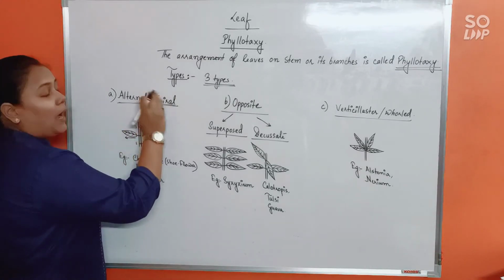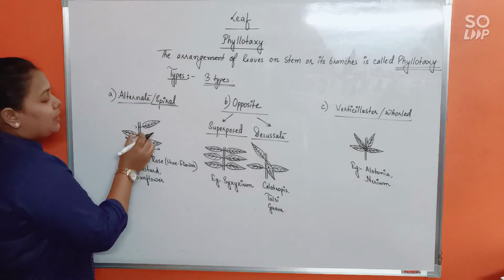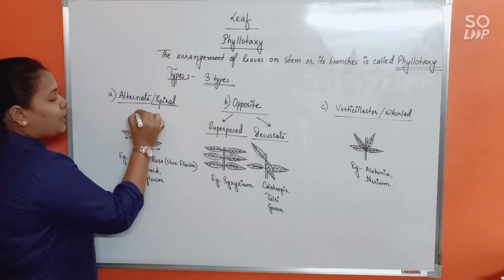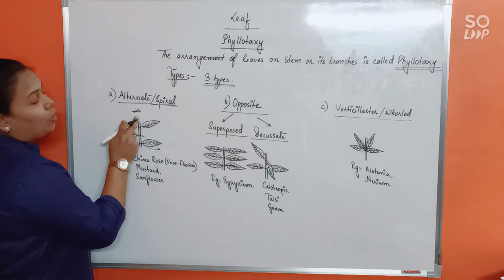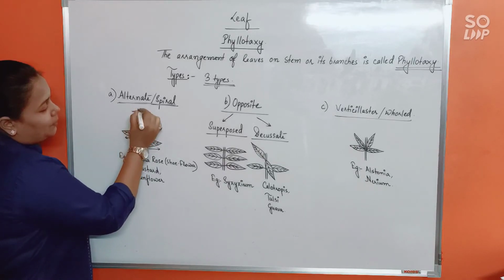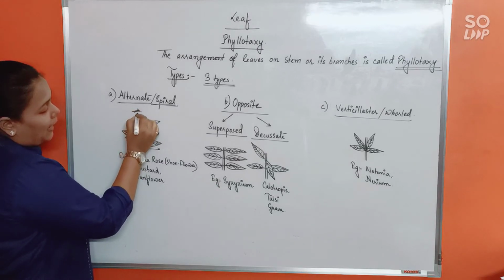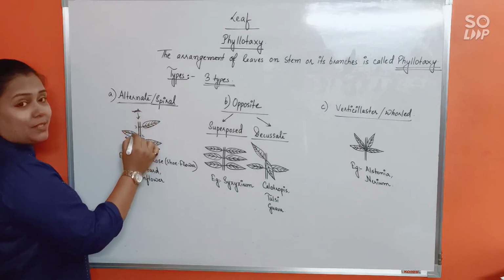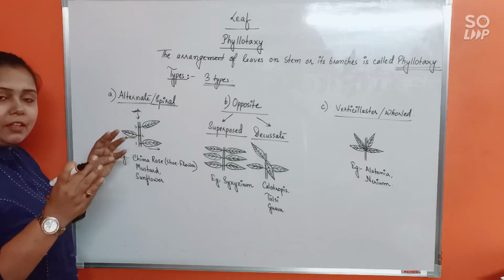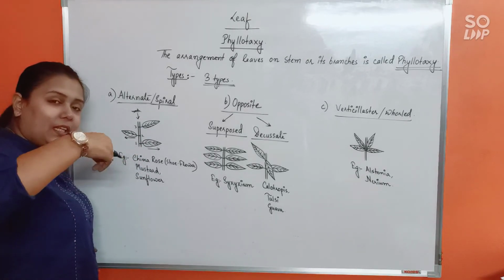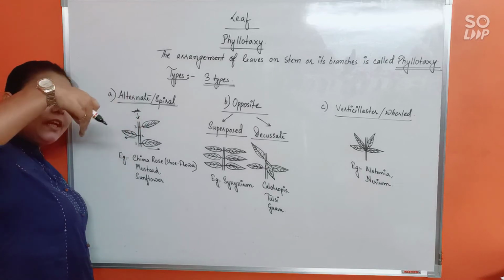But then why is it spiral? Now, suppose you are trying to see the plant from this angle, this being your eyes. If you are trying to look at the plant from this direction, what will you see? The leaves are arranged in an alternate manner. So in that case, won't you see that the leaves are arranged like a spiral?